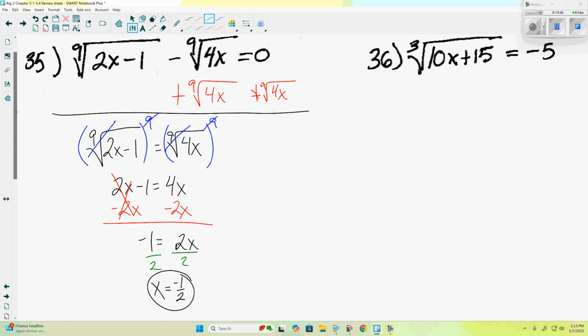Now we can check this one here and make sure this works, because I'm going to check it right here next to it just so we have everything in the same screen. If you want to check it below it on your paper, that's fine.